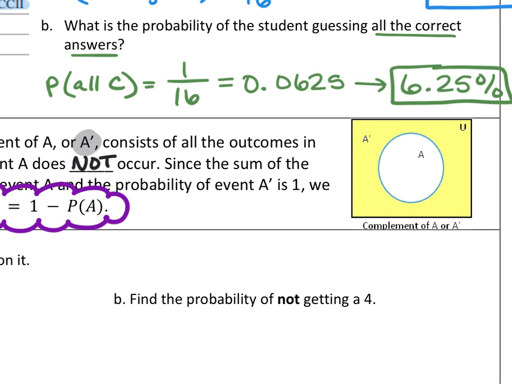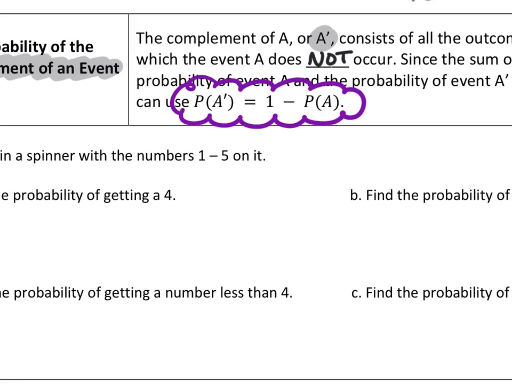If the whole universe, the universal set, adds up to 1 and you just don't want this part, you just take 1 minus the part that you don't want and you get the complement. That's where we're getting this formula from. Kind of like when you take area out of another area. It's exactly that. So let's see what happens if we do some complementary probability.